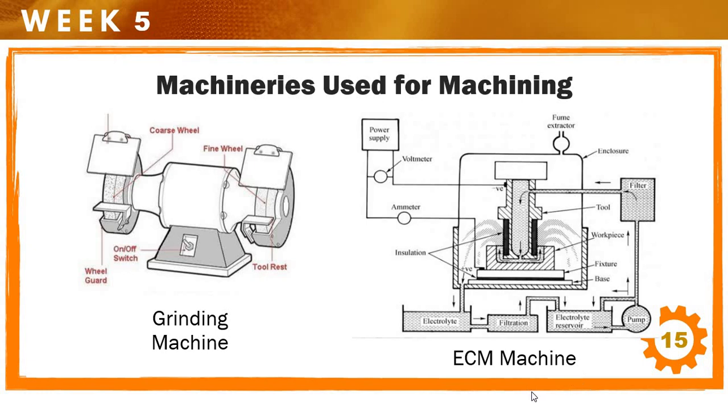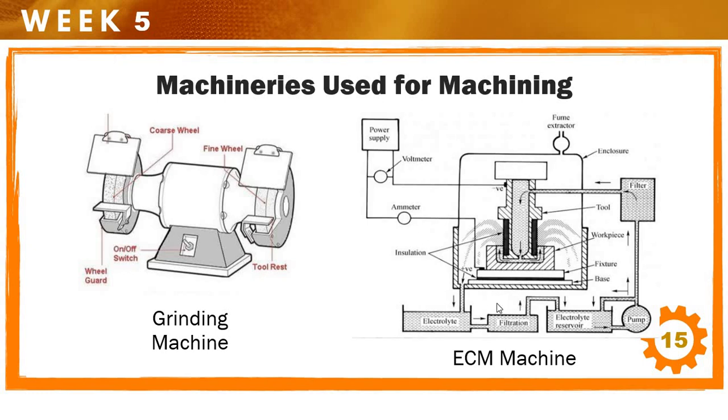The next is the ECM machine. When we say ECM, that is the electrochemical machining. As we have defined it, it uses a chemical solution. We will understand this better as we watch the given video.